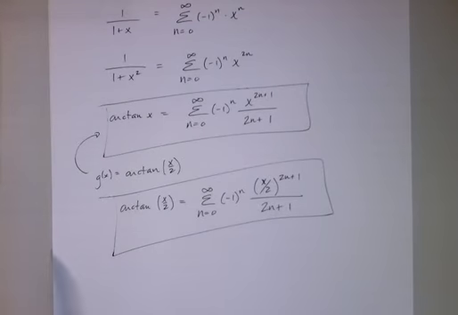Okay? And that's basically the long and short of manipulating power series, either by multiplying through by something, by plugging in an expression of x instead of x, by integration, or by differentiation.